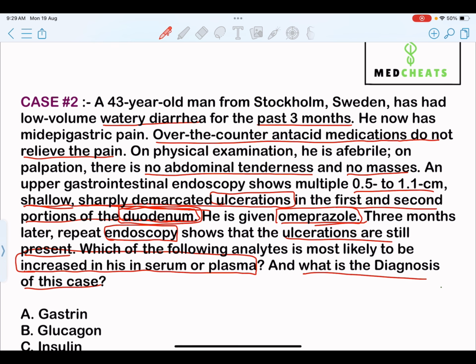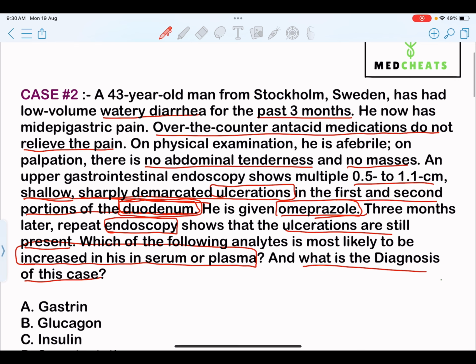It would be more expected in the stomach, where the secretion of HCl is too much, so ulceration may be present and can be relieved by antacids such as omeprazole and rabeprazole. But here the patient has chronic watery diarrhea for the past 3 months.